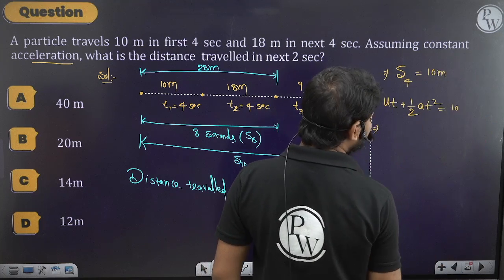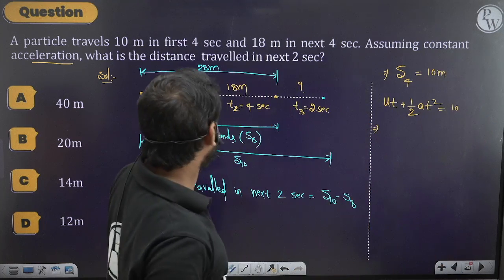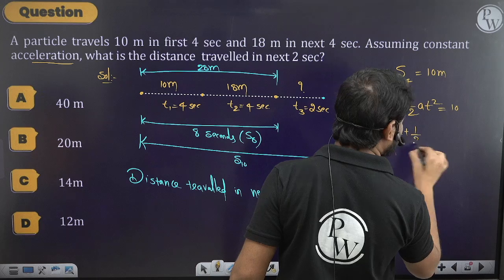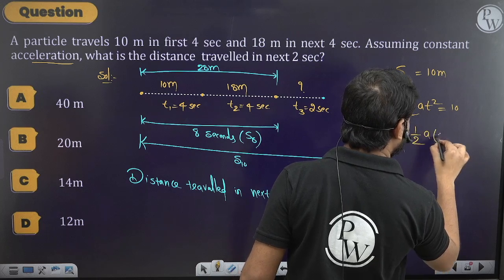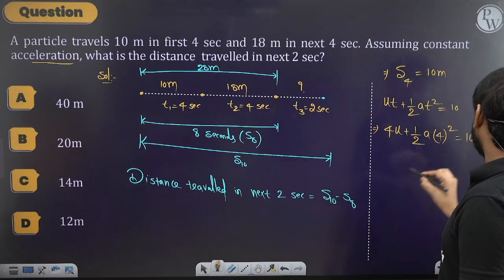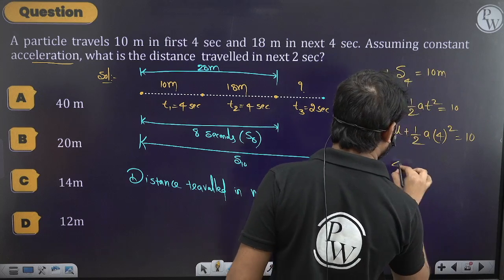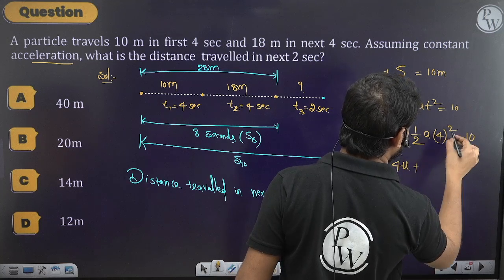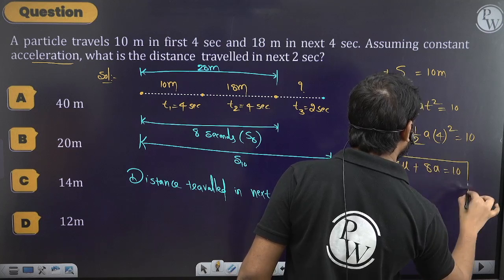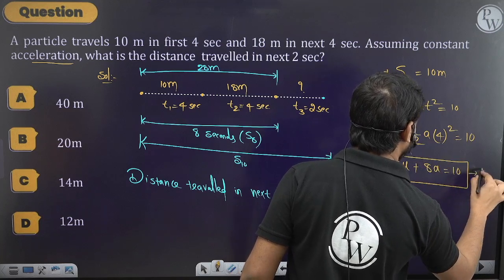Let the initial velocity be u itself. In the time 4 seconds, so 4 times u plus half, let the acceleration be a, times 4 squared. So from here I can write 4u plus this is going to be 16 by 2, 8a is equal to 10. Let it be equation number 1.